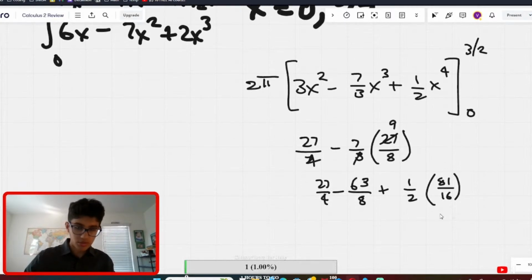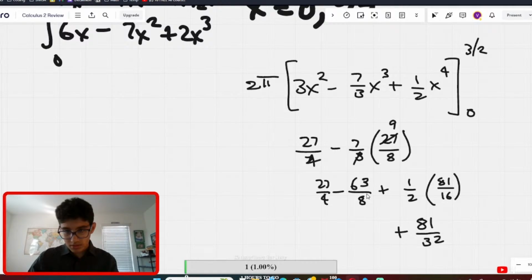Let's move it all with a common denominator of 16. Okay, so this becomes, sorry, of 32, because this will become over 32. So this becomes plus 81 over 32. Let's find this now.